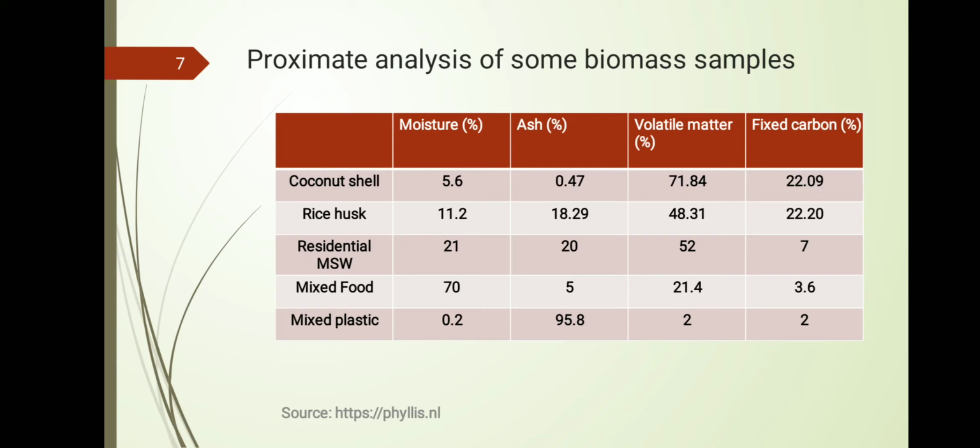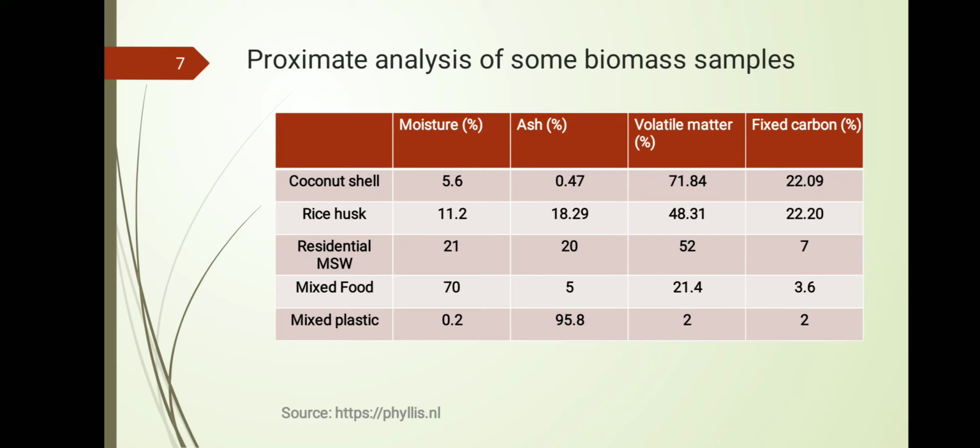And we have a very good database, Phyllis, a Netherlands website, phyllis.nl, where you can get the proximate and ultimate analysis of biomass samples. They are taken from different journals. For the same biomass, they may have slightly different values.